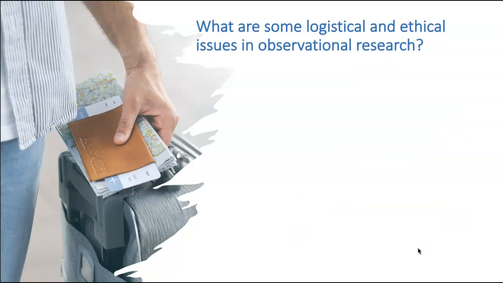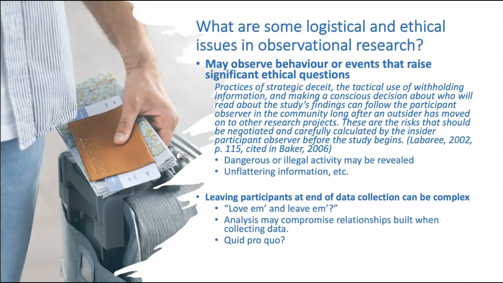The other piece that can sometimes be a difficult one is, what do you do when you leave participants at the end of data collection? That can be complex, particularly if you've been in a location for a long time, or if you've had a lot of very personal interaction with the participants.